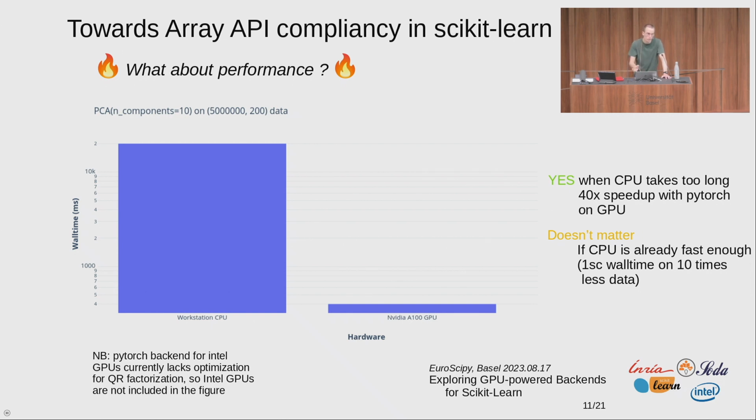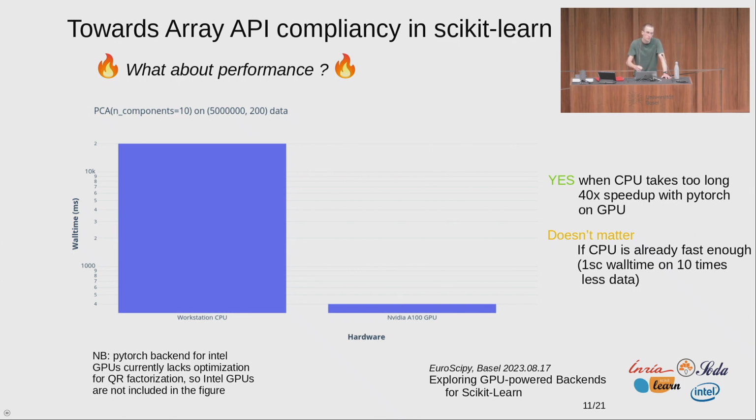And between the two, we go from 20 seconds for this PCA to half a second with the torch array on GPU, so it's about a 40 times speedup. On this particular use case, it looks interesting. If you have this use case, it's going to unlock interactive work and be less time consuming.